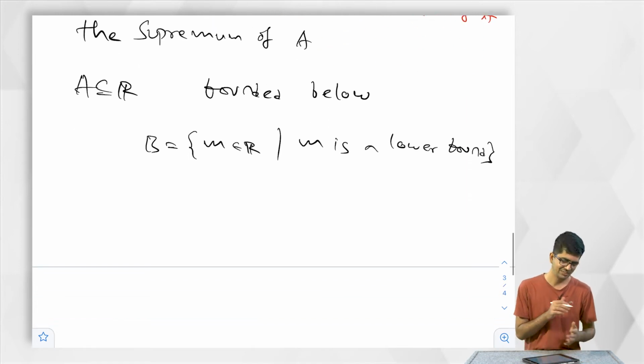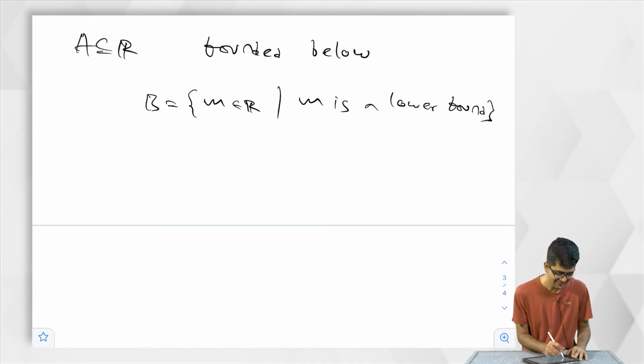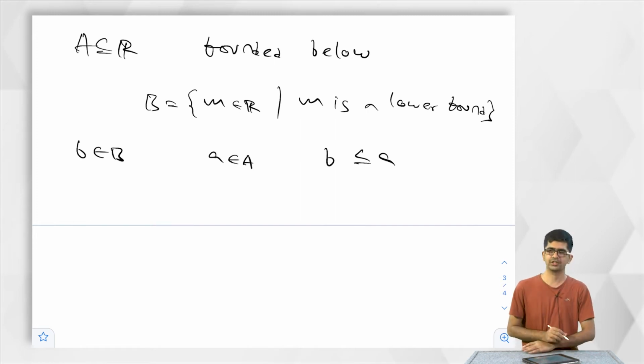Now, the same justification, not even a single change. What does it say? It says for every b belongs to B and a belongs to A, we have b less than or equal to a.